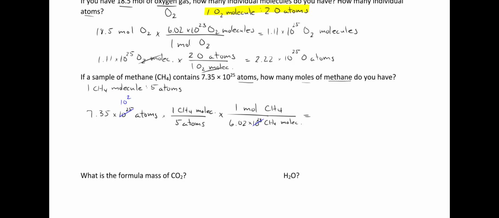Less opportunity to make a mistake. So 7.35 times 10 to the 2 is exactly the same thing as 735. We want to divide that by 5. And divide that by 6.02. And this gives me 24.4. The answer here is 24.4 moles of CH4.